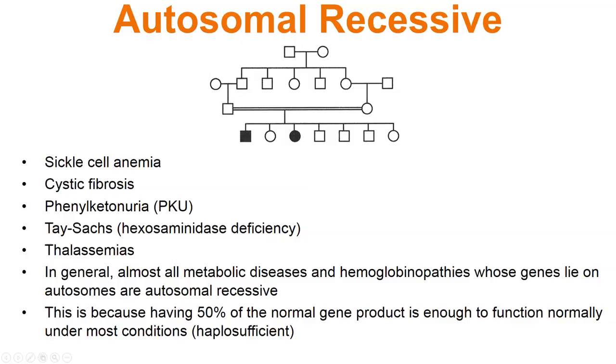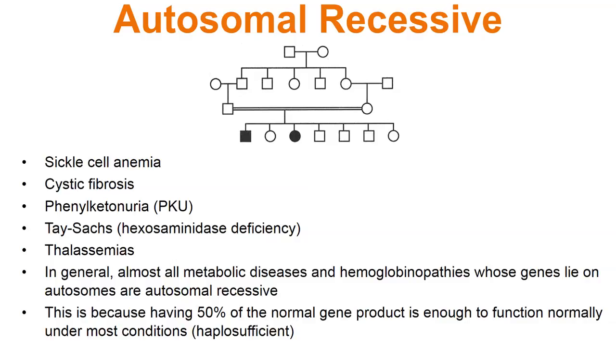Just some examples that we've seen. So also the metabolic diseases and the hemoglobinopathies. Today we're actually going to talk about a class of hemoglobinopathies, the thalassemias. But you've also seen sickle cell already. We talked about cystic fibrosis the last lecture or the lecture before. PKU you've seen.